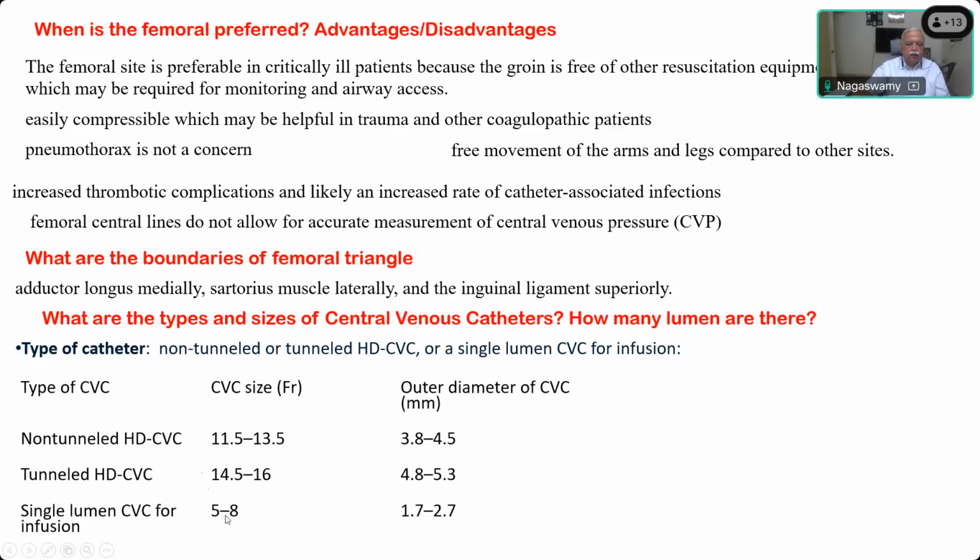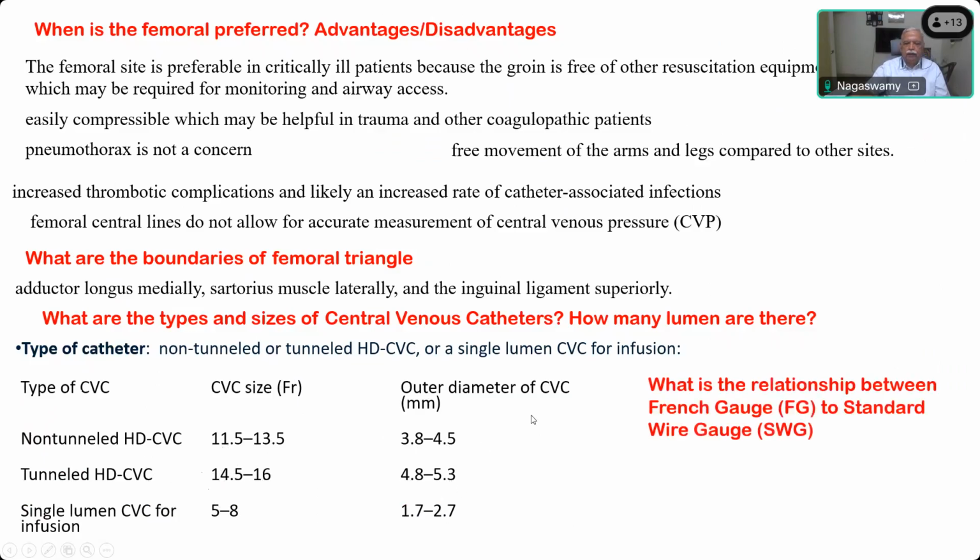Single lumen for infusion is 5 to 8 French. And the size in outer diameter is 3.85 and 4.5, like that. What is the relationship between the French gauge and the standard wire gauge?